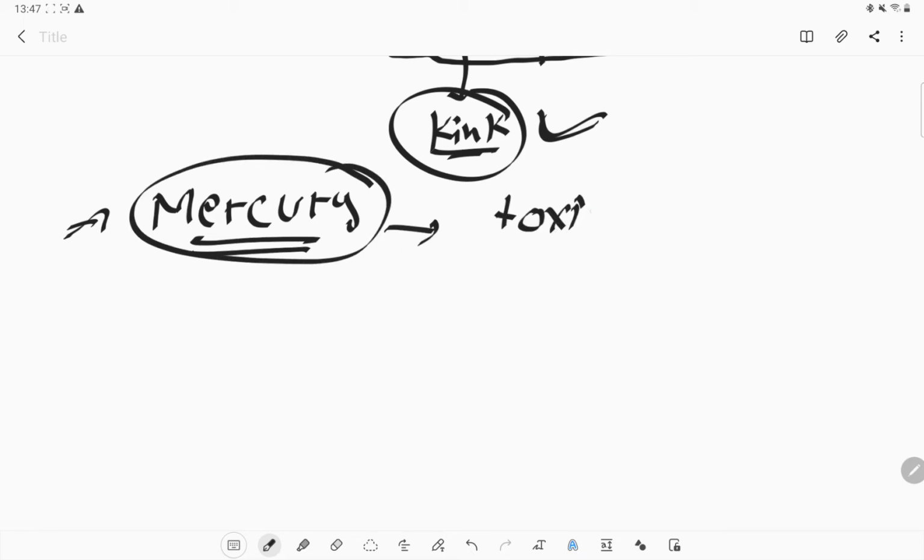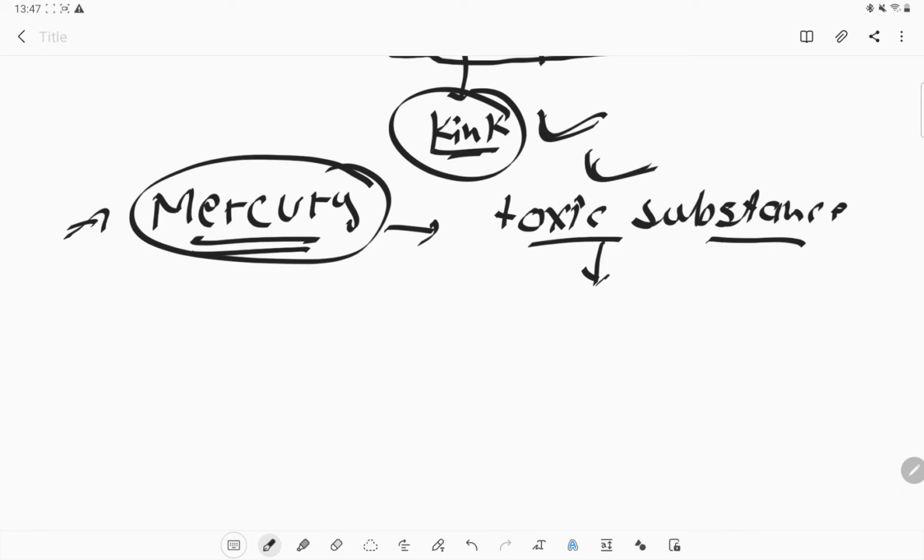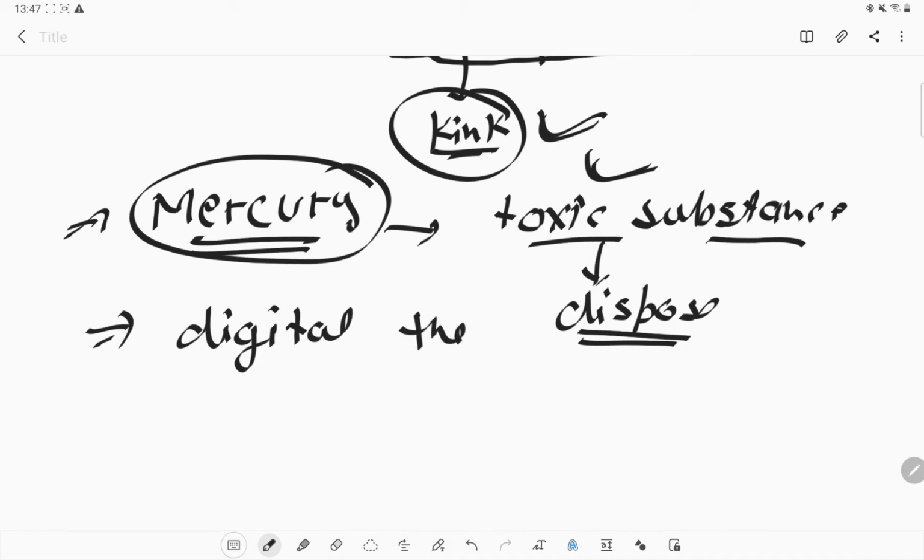It is a toxic substance, and if by mistake we drop the thermometer, it will break and the mercury will come out of it, which can be very harmful. So the disposal of mercury is very crucial. Instead of these typical thermometers, nowadays we use the digital thermometer, which does not have any mercury in it, and we do not require that many precautions to take a reading.